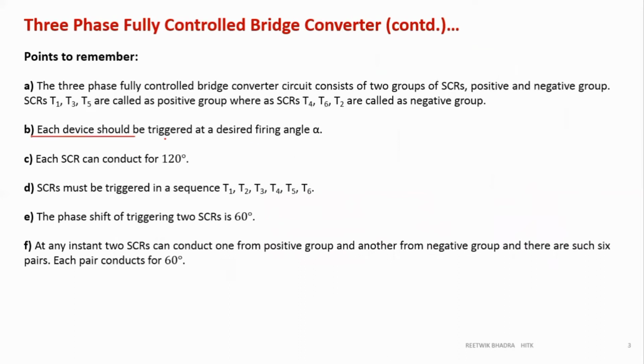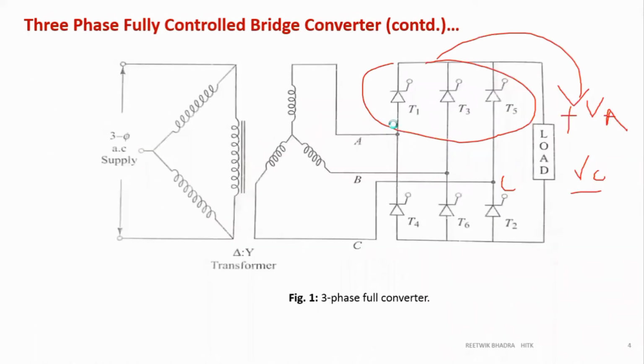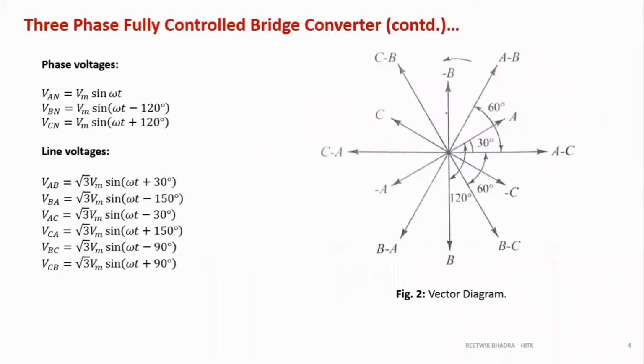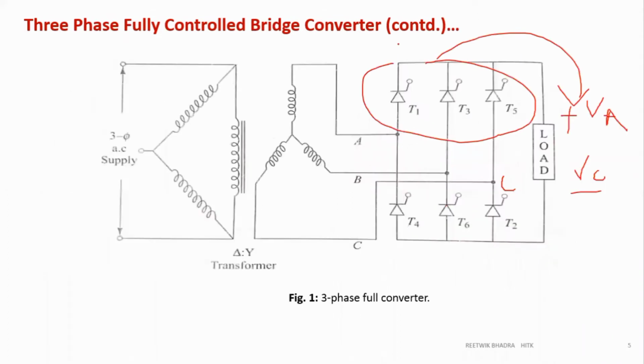Next, each device should always be triggered at a firing angle alpha because we are using a thyristor. If we were using a diode, then alpha would have been 0. These things you know. An SCR will conduct for 120 degrees because after each 120 degrees your phase changes. From minus B to minus C is 120, from minus C to minus A is 120. If you take the plus, A to B is 120 degrees, B to C is another 120 degrees.